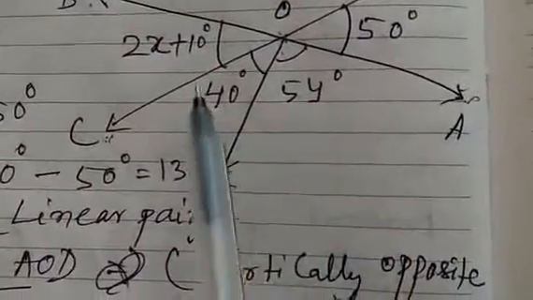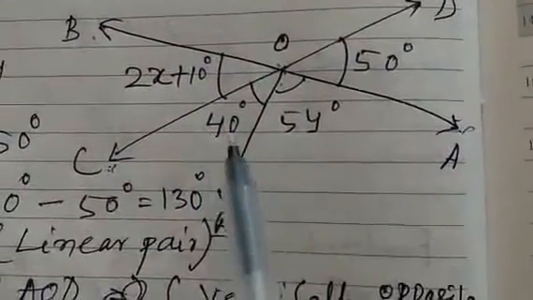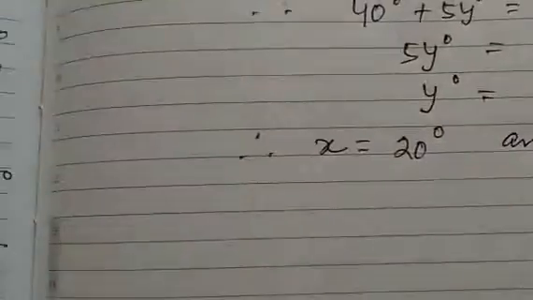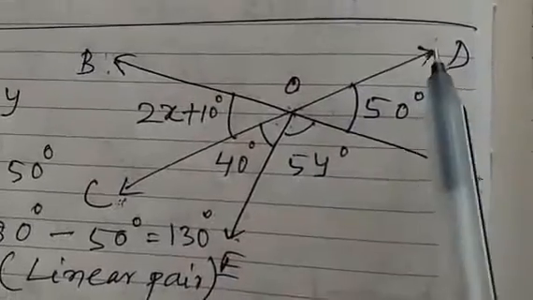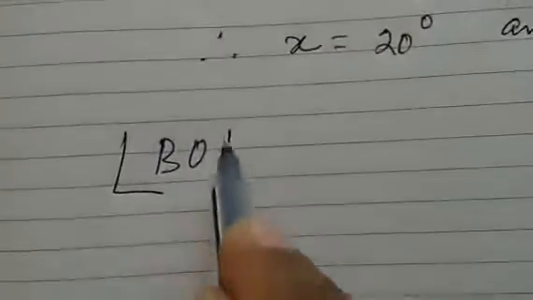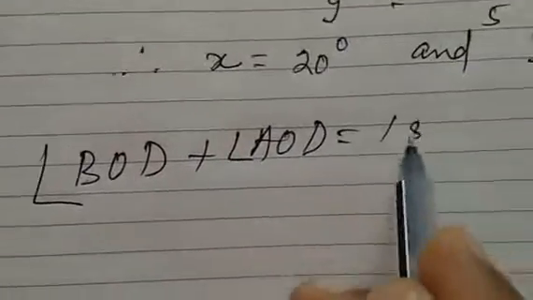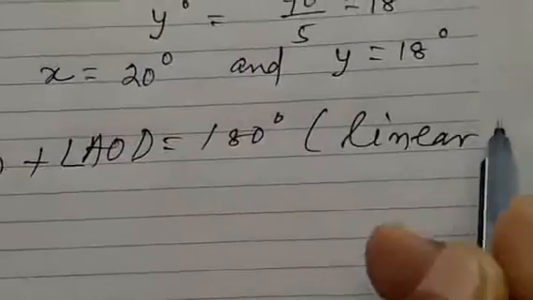You can find angle BOD using angle BOD plus angle AOD is equal to 180 degree, as they are a linear pair.